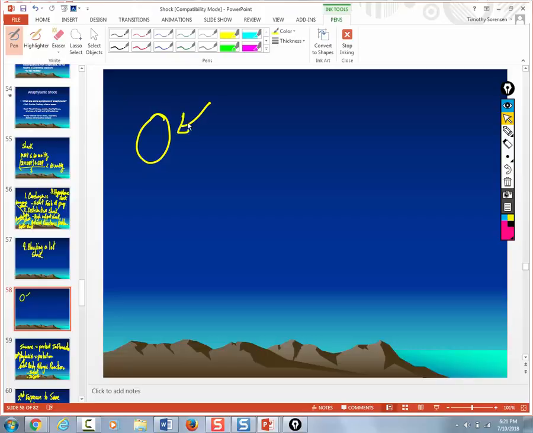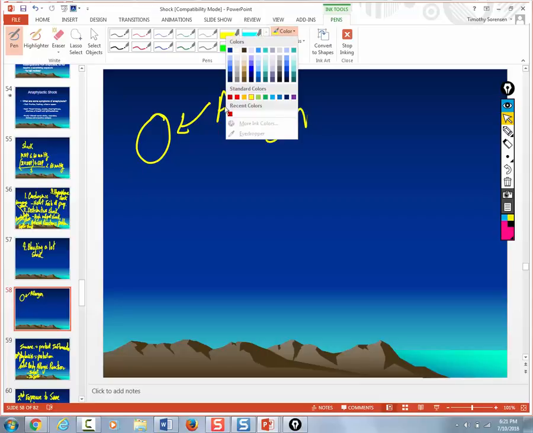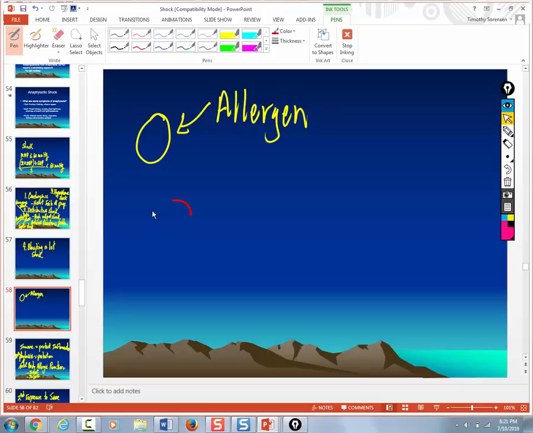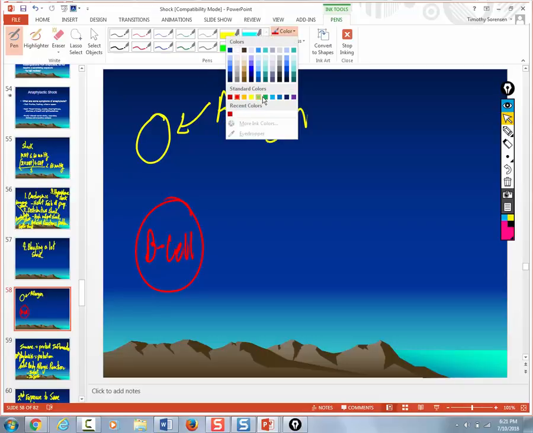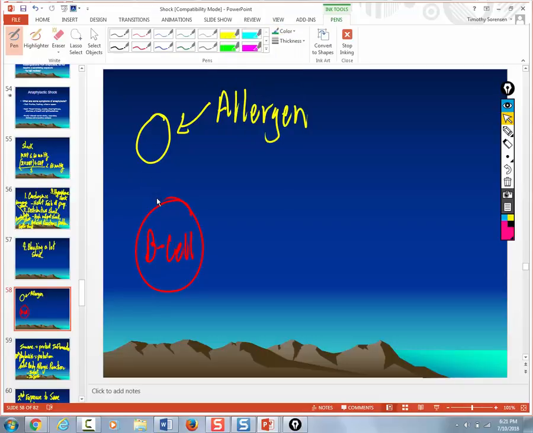In this case, this antigen is something you're allergic to, so it's an allergen. You're following me? Now watch. What do you got floating around? You got B cells. How many different types of B cells? Gazillions of them, and each B cell type has a specific receptor on it.